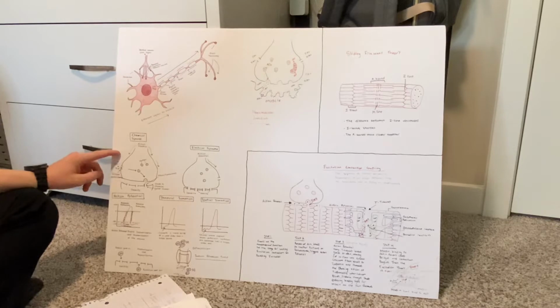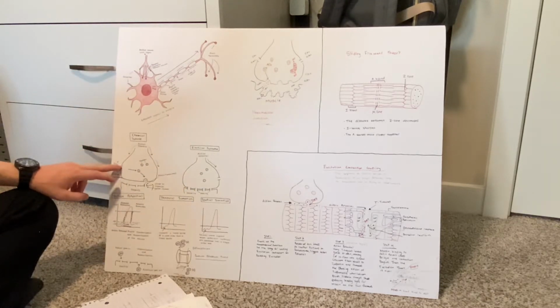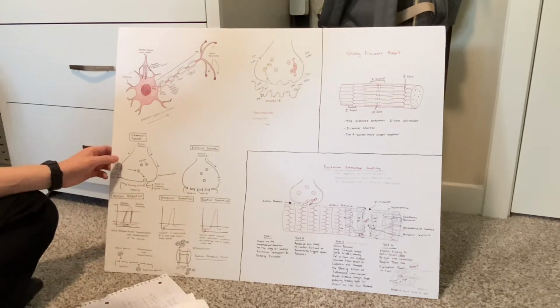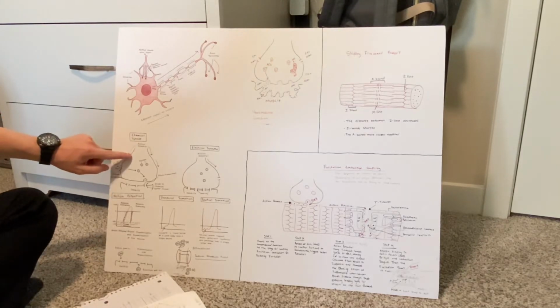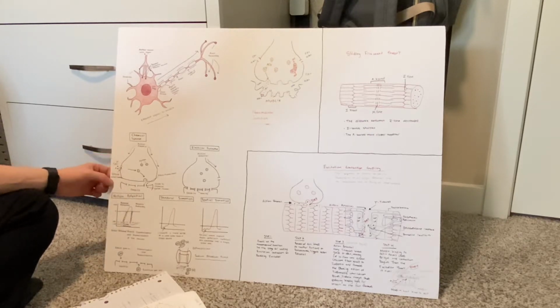So zooming in on the types of synapses. The main one I'm going to focus on is the chemical one, but there's also an electrical synapse as well. The action potential will move down, and the depolarization of the neuron opens calcium voltage-gated channels.